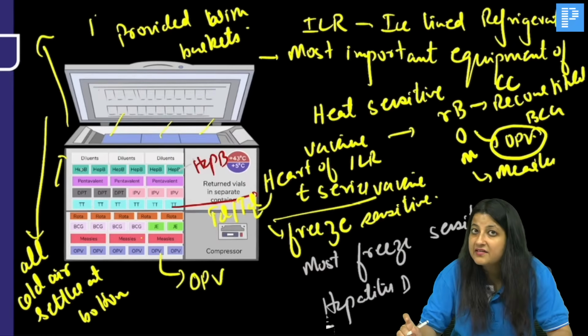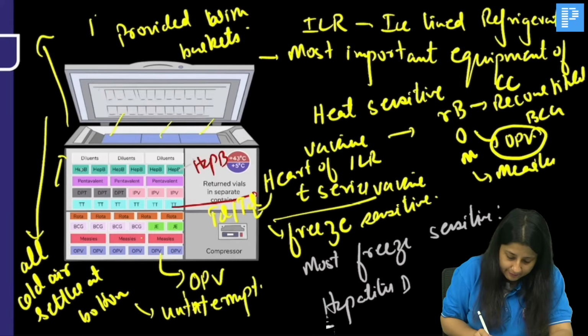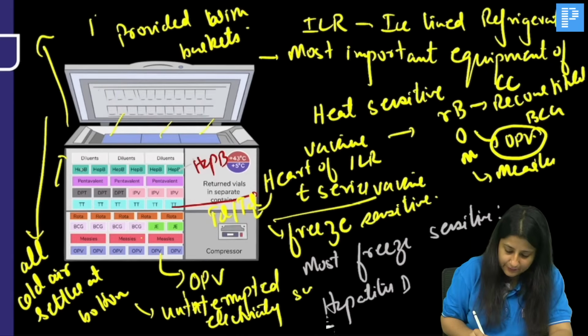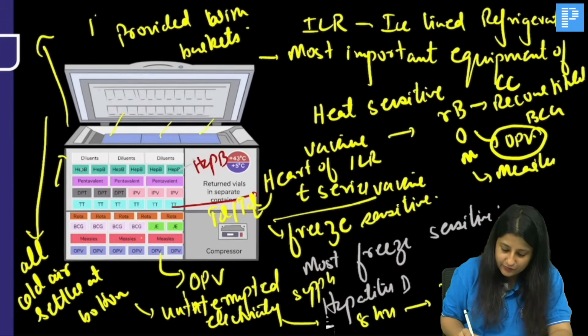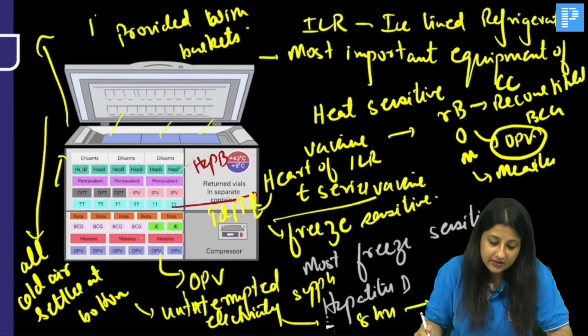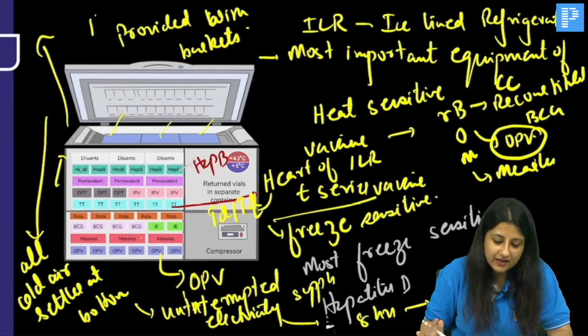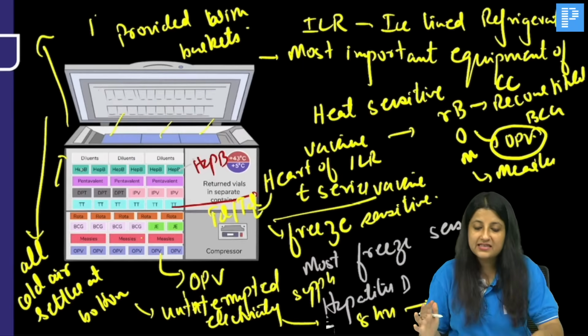If ILR receives uninterrupted electricity supply for 8 hours, then it can function continuously for 24 hours. Not 5 days, Shahina, you will have to correct it. It will function continuously for 24 hours.